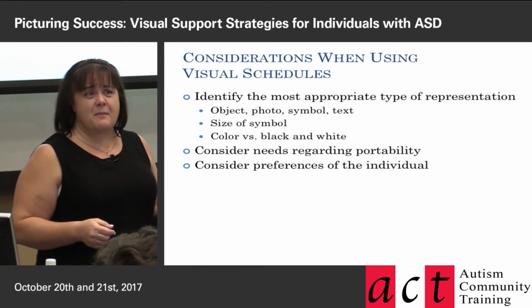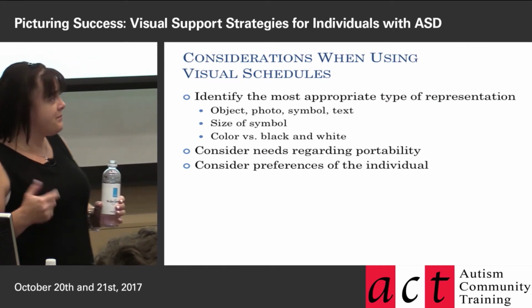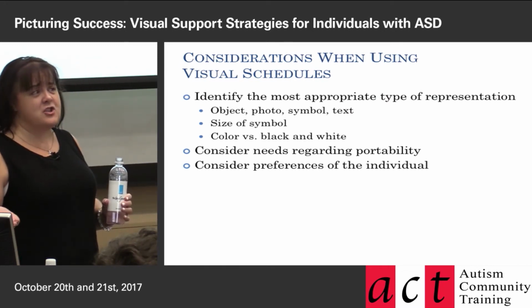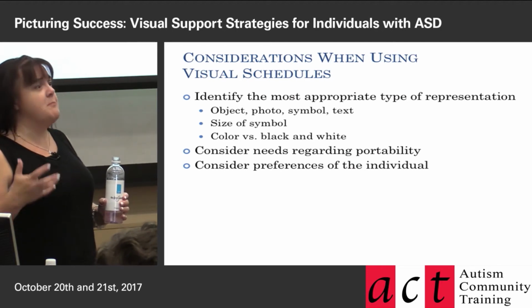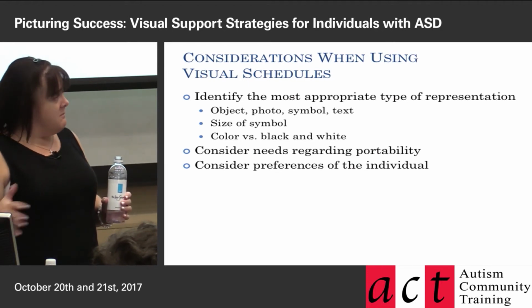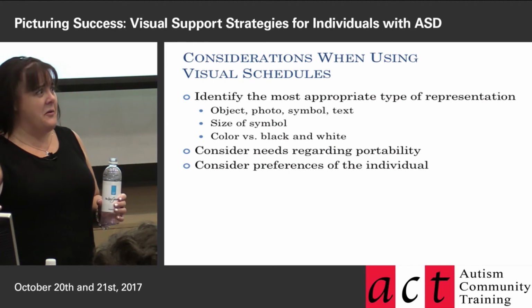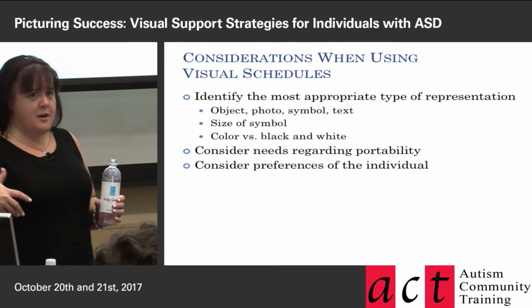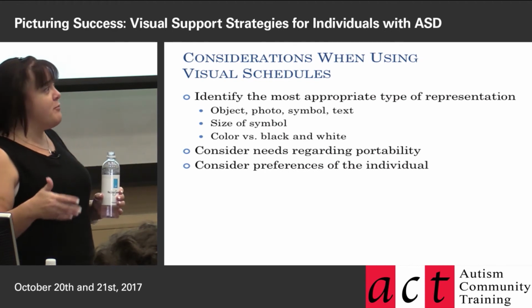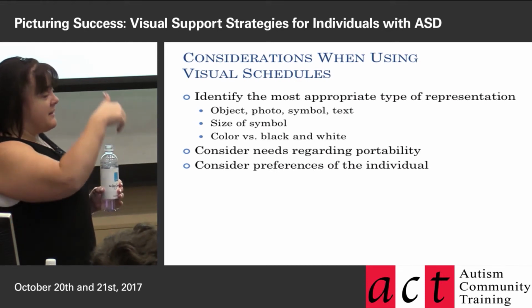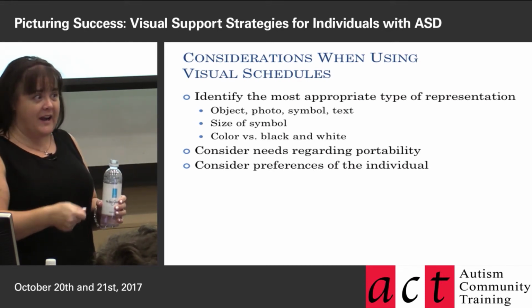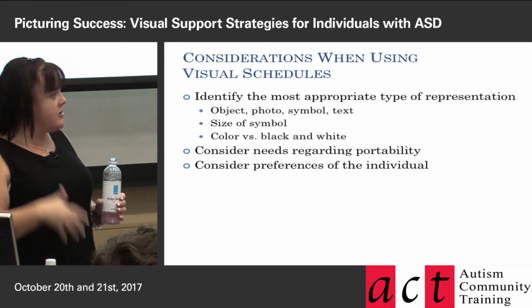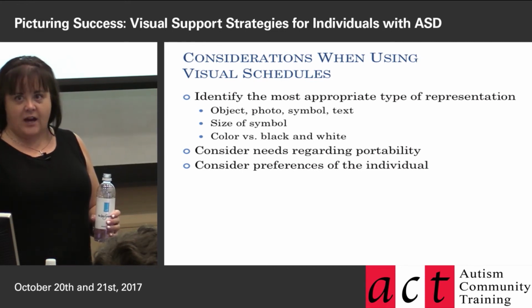And then also just think about the preferences of the individual. Right, so I mentioned I've had teenagers who require a symbol-based visual schedule, but they don't want everybody else to know that they have one. Well, that's their preference, right? So they prefer a schedule system in little slide pockets that they can put in a binder so that they're carrying a binder around that looks like all the other kids carrying a binder.